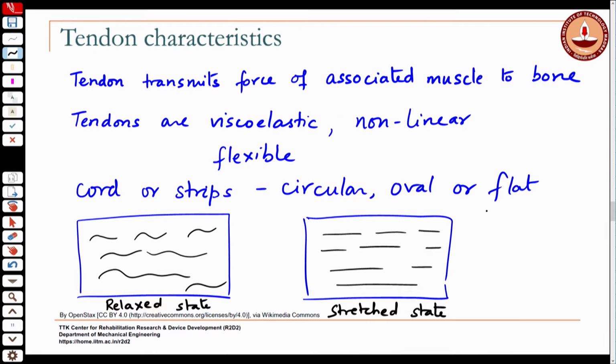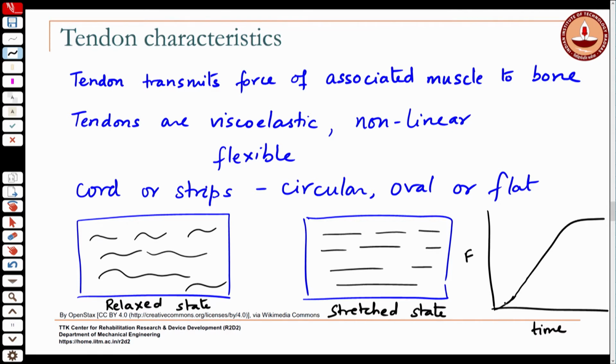So, if you look at force versus time, the force that is transmitted versus the time, you will see that initially, because of the slack in the tendon, the force transmission to the bone is low, and then the force increases linearly and then levels out.